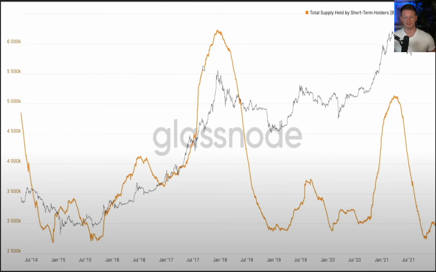Looking back at 2018, right when we hit this market cycle peak, short-term holders plummet. This can also be thought of as a loss of retail investor interest in the market, and when retail investors lose interest, they start to capitulate their assets.